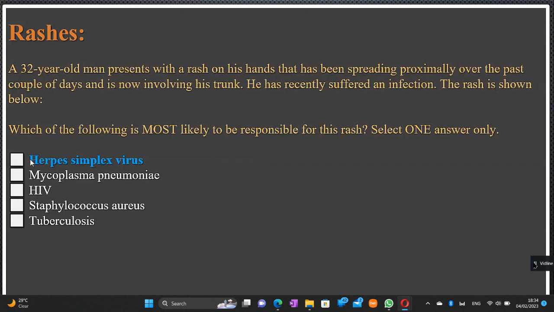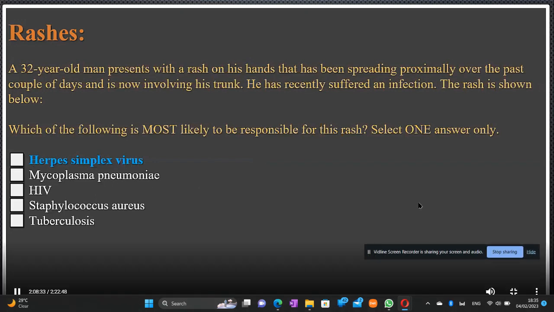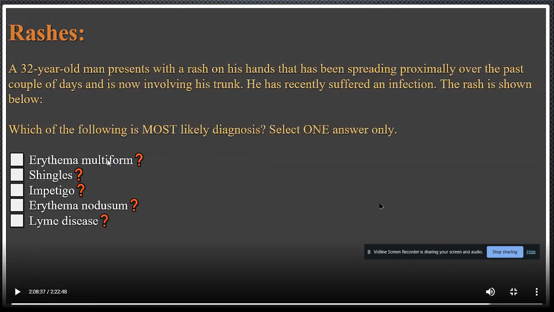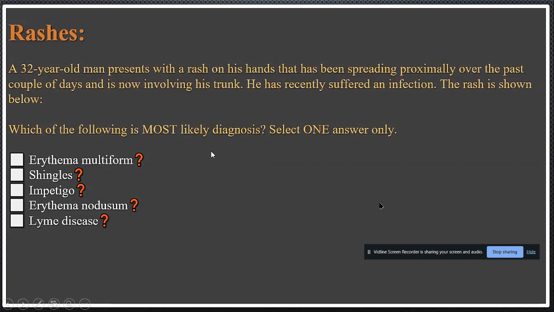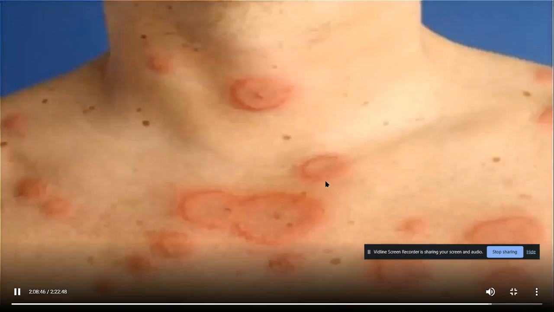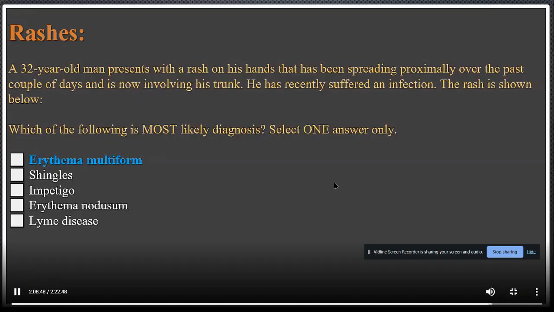Target lesion. So herpes simplex virus, we have two types, type 1 and type 2. Which type? Type 1 is the commonest. Okay. Single most likely diagnosis? Erythema multiforme. Okay.